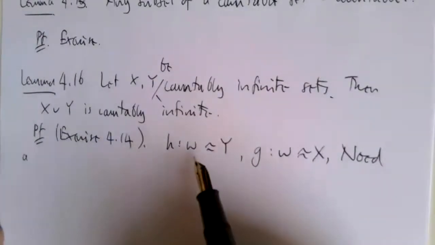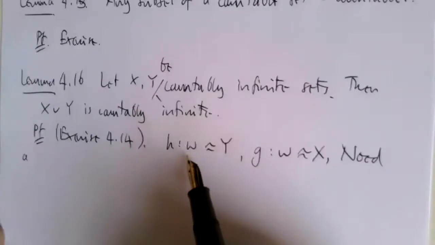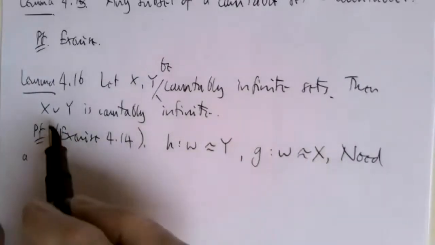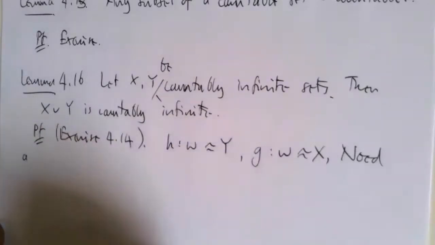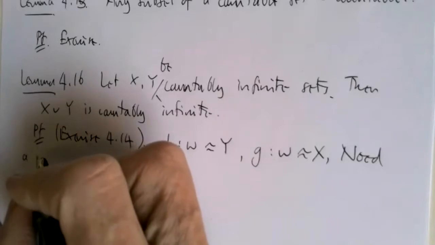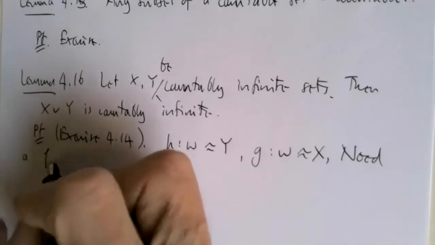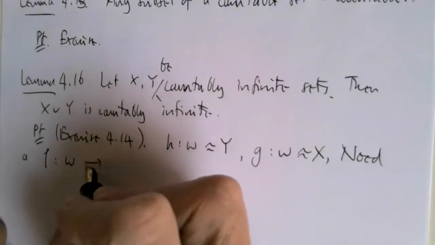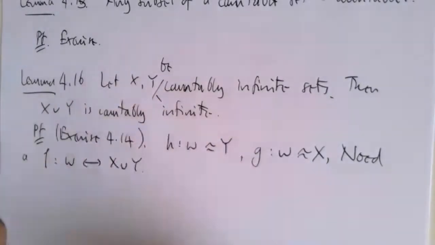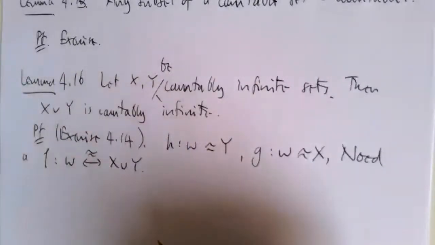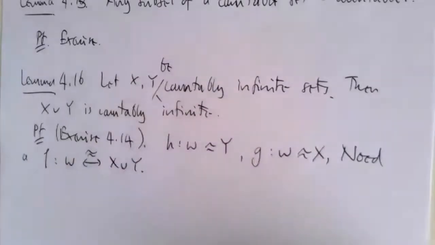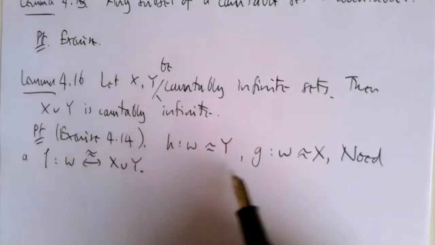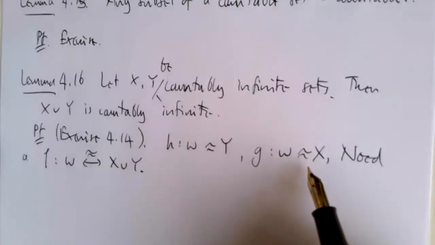So in here, we've got bijections between omega and y and omega and x. And what we need is a bijection between omega and x union y. Right, so a bijection here. Okay, so I'll leave you to think up something about that. The point is, you see, of course, that x and y might not be disjoint.